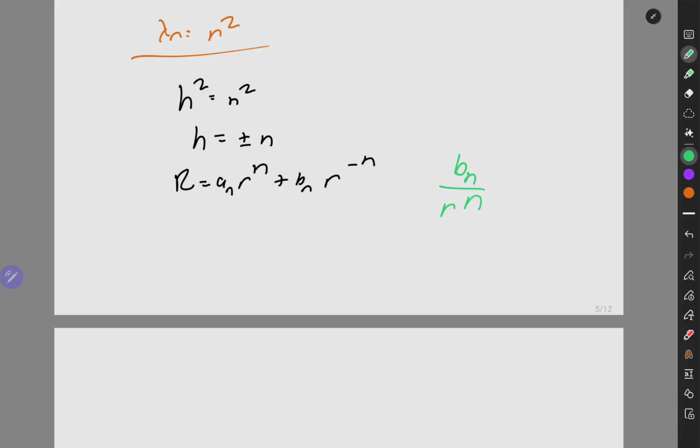We have the center of the circle, and this is the radius. What if the radius is decreasing towards 0? That means the bottom is increasing. If this is decreasing, this whole term is increasing exponentially as n increases.